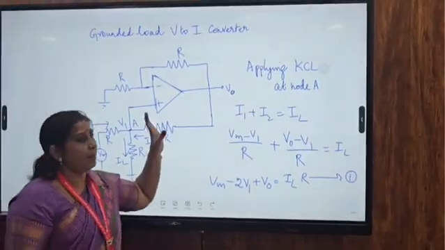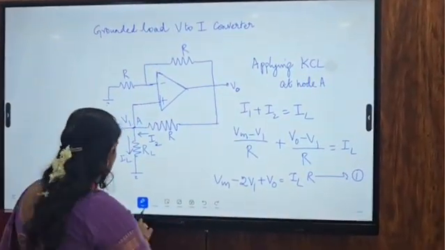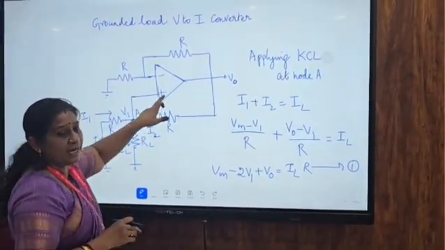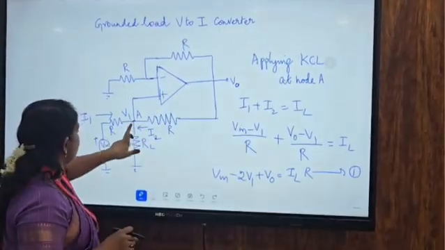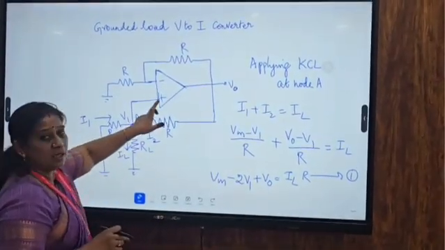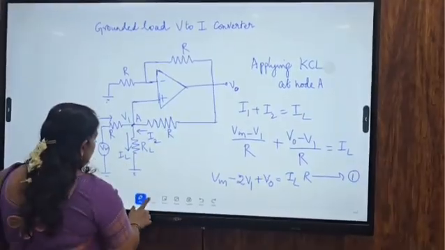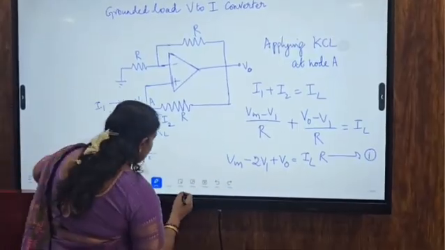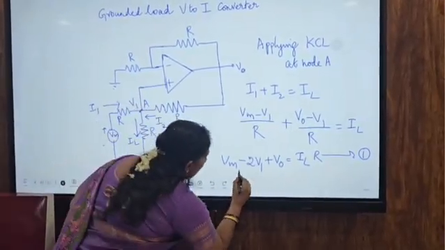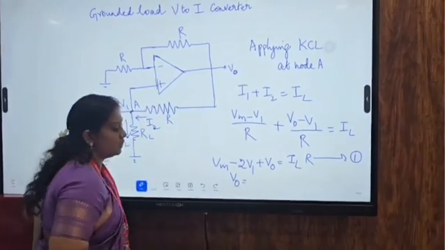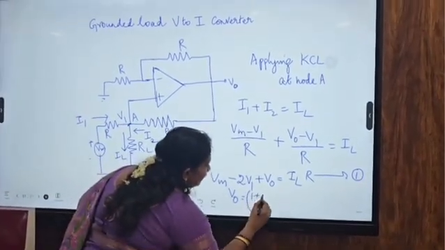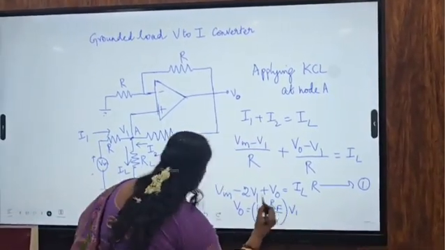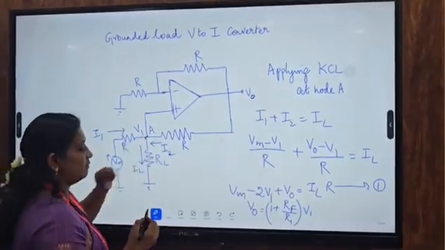Now let's move on to the basic concept of a non-inverting amplifier. Let us write the output voltage equation of a non-inverting amplifier. The input voltage is fed to the non-inverting input. As you have studied already, V0 is equal to 1 plus Rf by R1 into V1, because the input voltage we are giving here is V1.